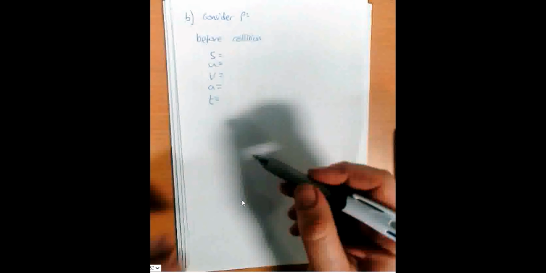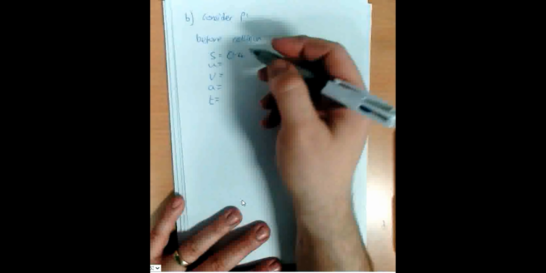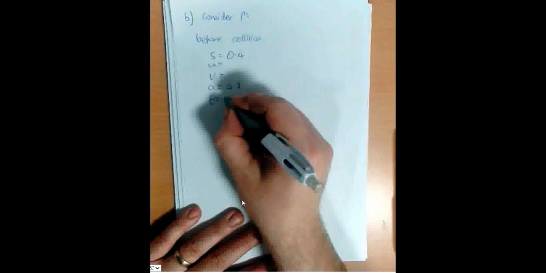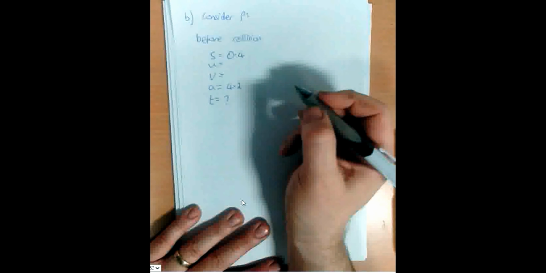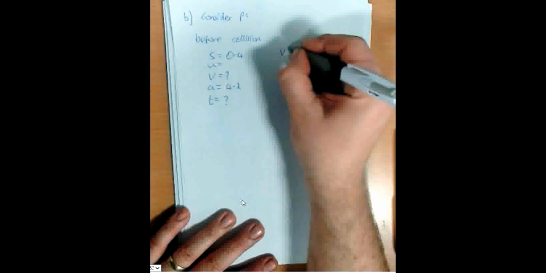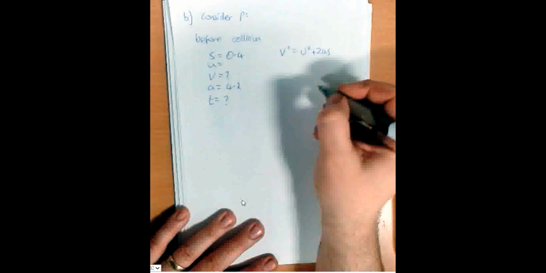So before collision, I know s is 0.4 because it travels the same distance as Q because the string is inextensible. I know a is 4.2 because we were told that. The question wants the time, and we also need the velocity to be able to do the second part of this question. So let's work out the velocity first. v squared equals u squared plus 2as.